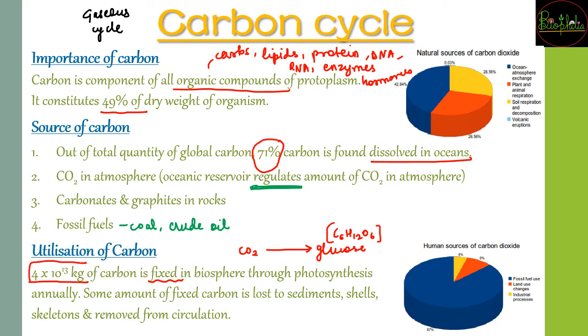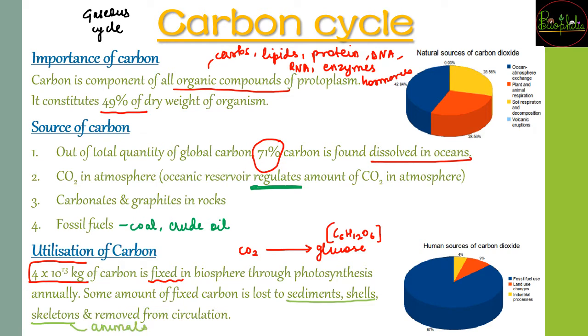So this much amount of carbon is going to be fixed, and sometimes, for example, if the plant which made glucose gets buried deep into the soil many years after, the carbon that is fixed is going to be lost in the form of sediments, in the formation of shells. It can be in the case of skeletons, so that might be the case of animals.